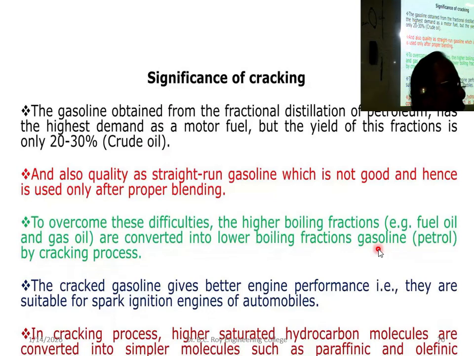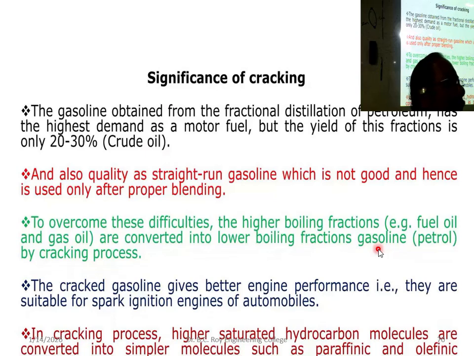Gasoline: among all the petroleum products, which one has maximum demand? That is petrol. Maximum demand is there for petrol, then diesel obviously. But the fraction is how much petrol you are getting from petroleum.